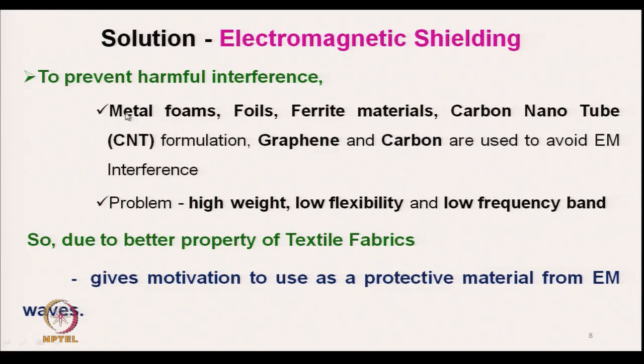To prevent harmful interference of these electromagnetic radiations, metal foams, foils, ferrite materials, carbon nanotube formulations and graphene carbons are used. But the main problem with these materials is that they are heavy, not flexible, and work in a low frequency band.